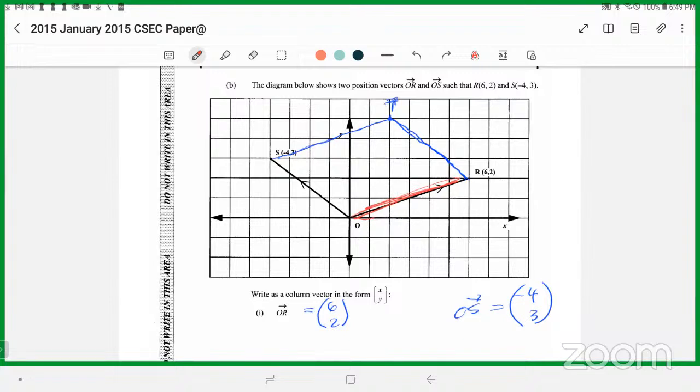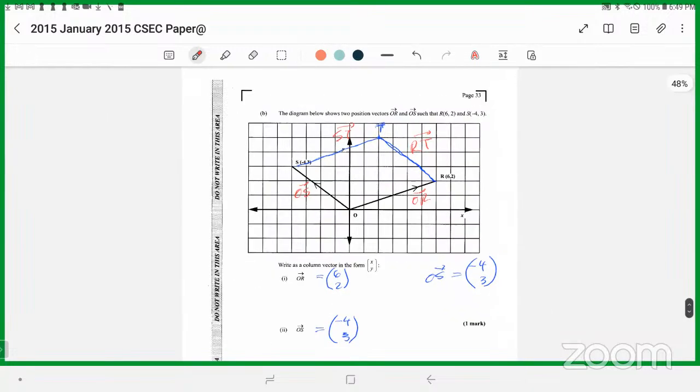This vector on this side is OR. It must be equal to the vector on this side, which is ST. So we're going to have to show that ST is equal to OR. And then the vector on this side must be equal to the vector on this side, which is RT. So this vector on this side is OS. It must be equal to the vector on this side, which is RT.